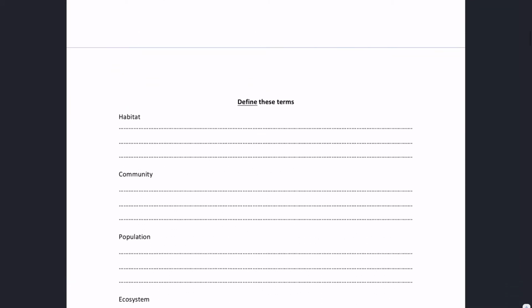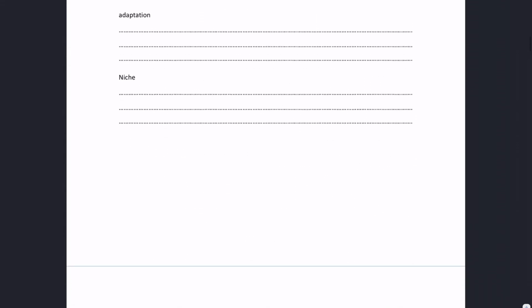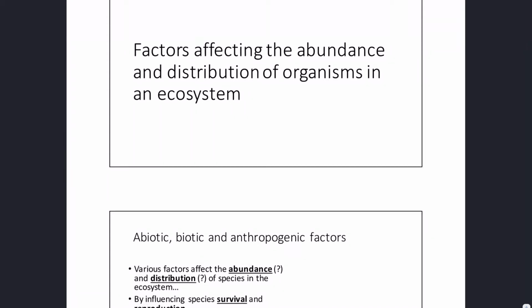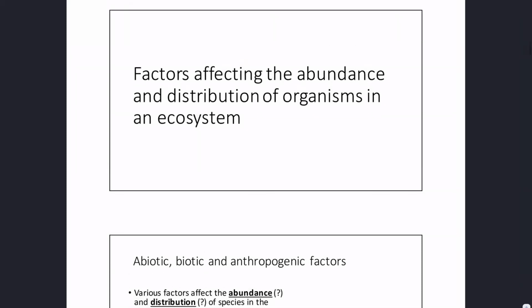Okay, let's move on. Then we had a review of all the terms, and then we started looking at the factors that affect abundance and distribution of organisms in an ecosystem. As we discussed before, the introduction was about what makes an ecosystem up, and the major thing in the first section, 5.1, is looking at the factors that affect where these organisms are, i.e. the distribution.